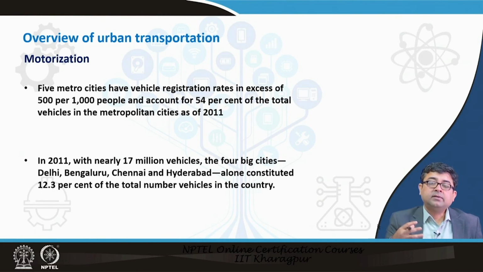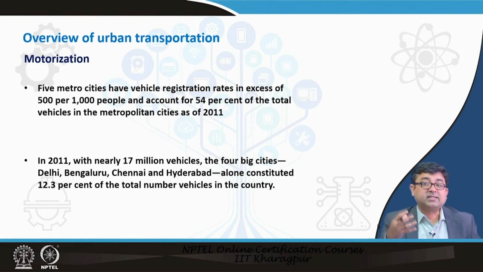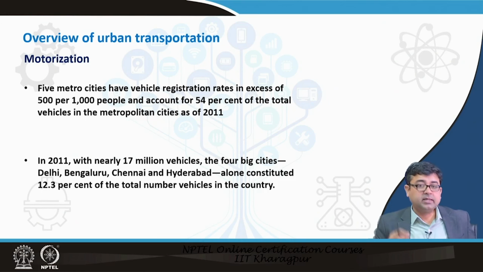You can imagine what stress or impact it is having on congestion along the streets. Definitely the number of lanes has not doubled. This is the impact that motorization is having in our large cities, as well as in cities that are increasingly seeing more population living in them, such as Hyderabad and Bangalore and so on.